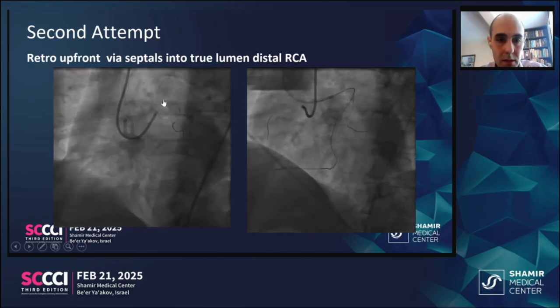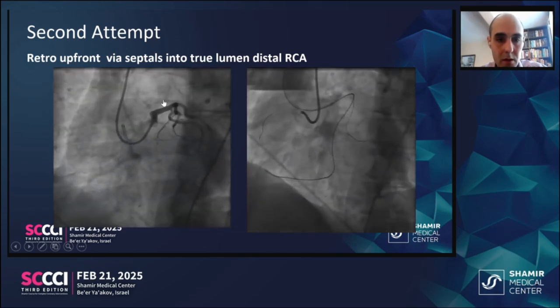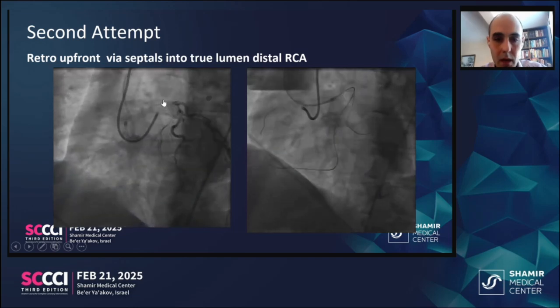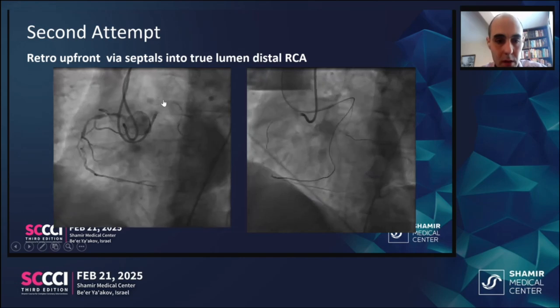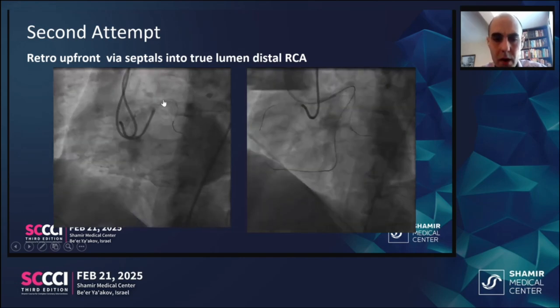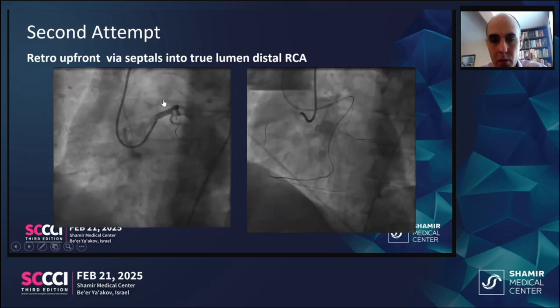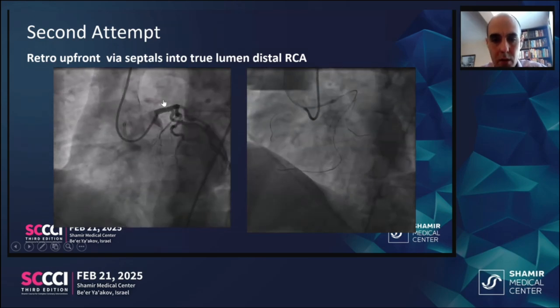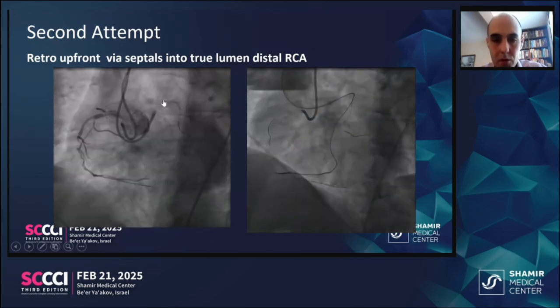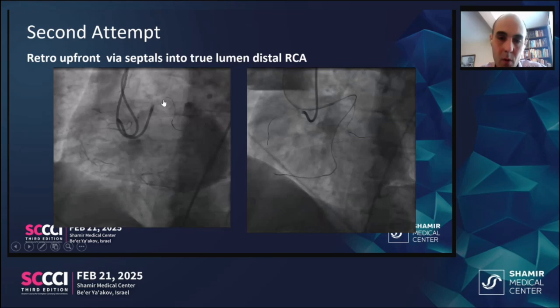This time we started directly retrogradely, so we had a debut in the left main, and we traveled through the septal branches with the Sion Black wire, and we parked a Corsair Pro XS catheter in the distal RCA. We confirmed with tip injection that we're in the true lumen just before the distal cap.